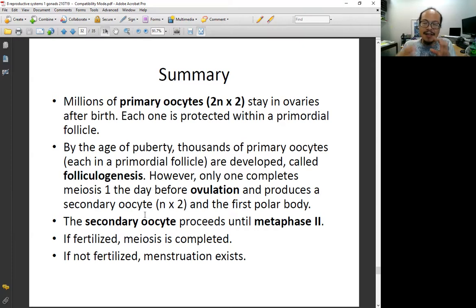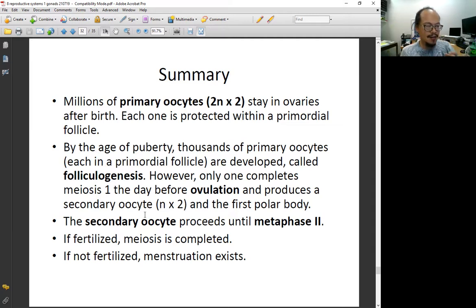So they sit inside of this primordial follicle, inside of the ovaries, do nothing, basically just enjoy life, until puberty, when there is high FSH from the anterior pituitary gland, which kind of reminds these granulosa cells that, okay, you are taking care of this oocyte. Now the body is mature enough to complete this meiosis.